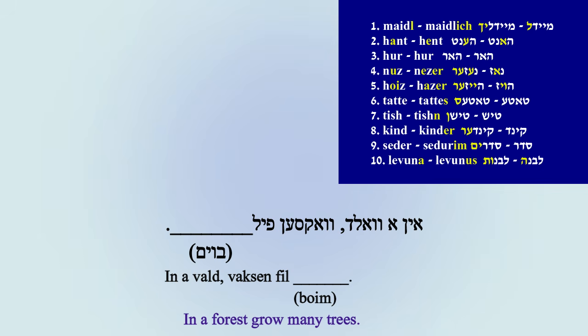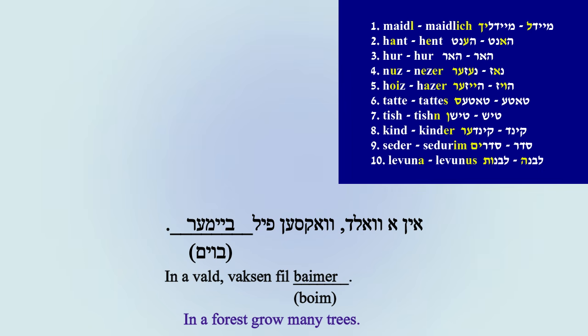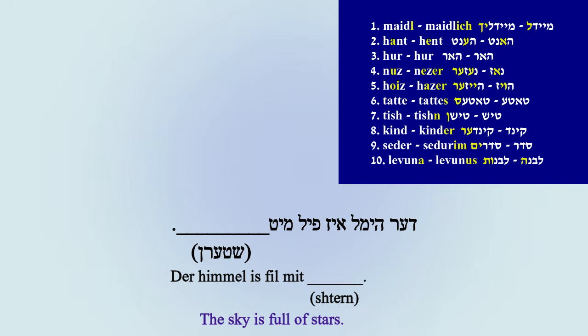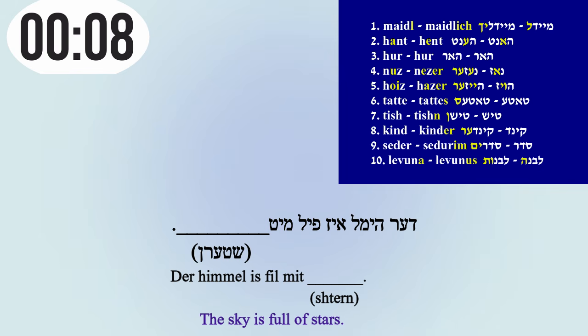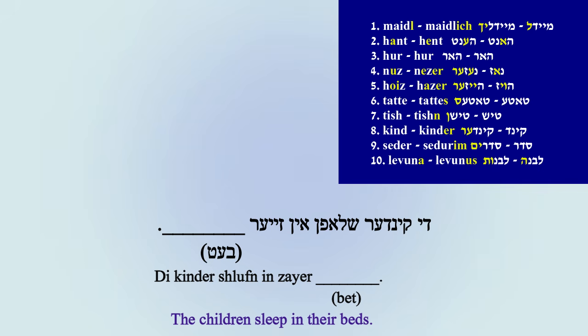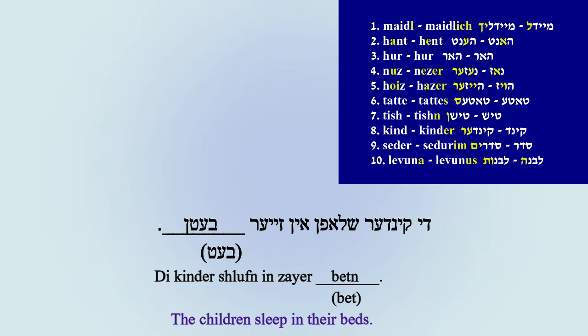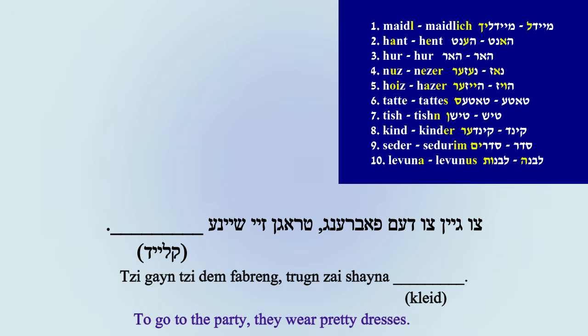In einem Wald wachsen viel Bäume. Der Himmel ist viel mit Sterns. Die Kinder schlafen in Seier Betten.